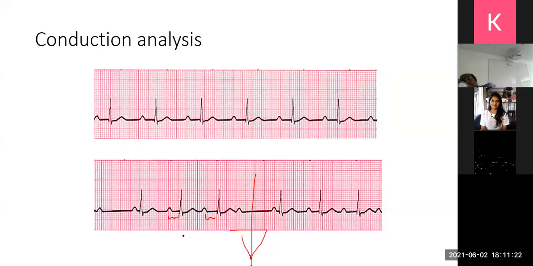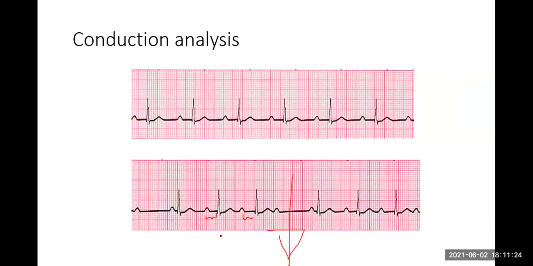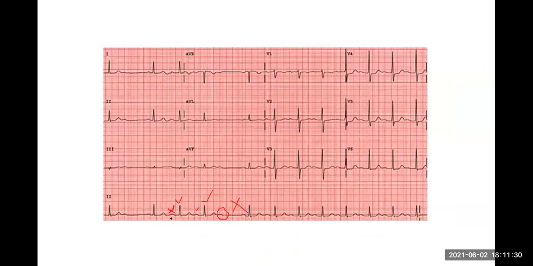Progressive prolongation of the PR interval before the missed beat is type 1. In type 2, there is no progressive prolongation of the PR interval. It's the same. That's type 2. So Mobitz type 1 is progressive prolongation of the PR interval before the miss.